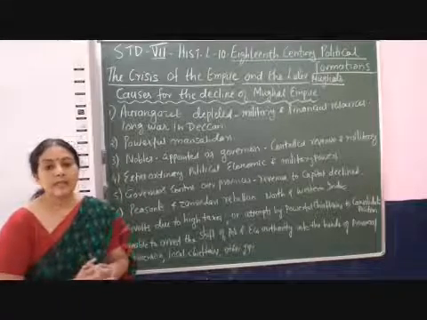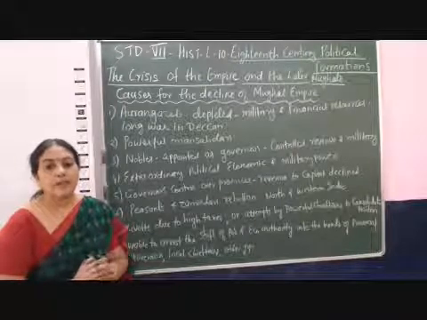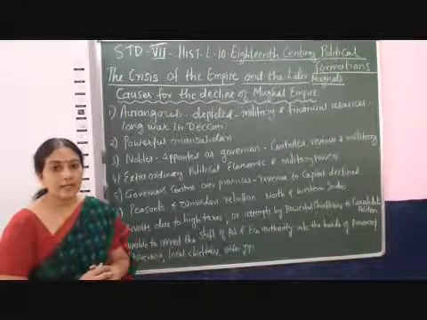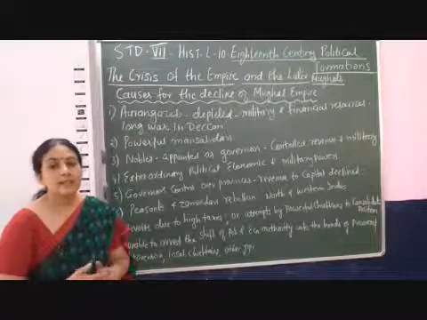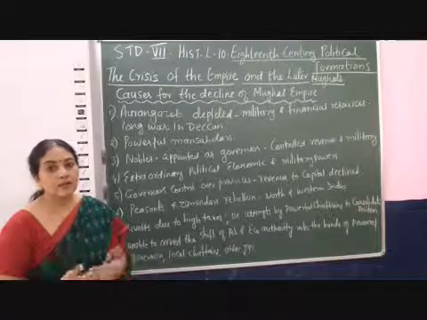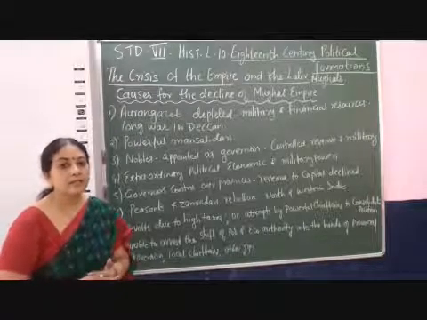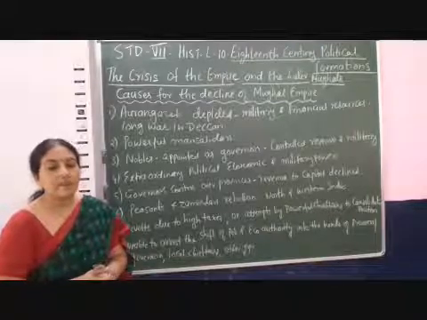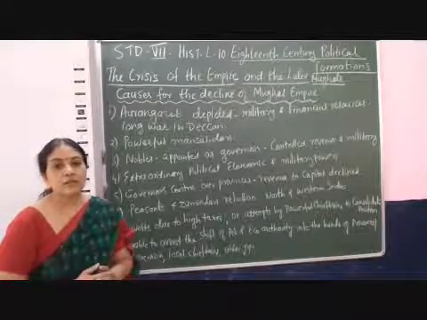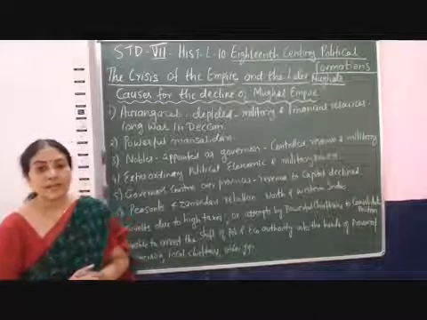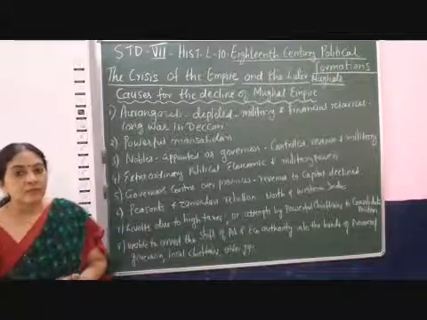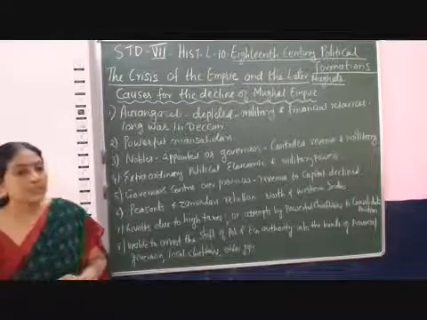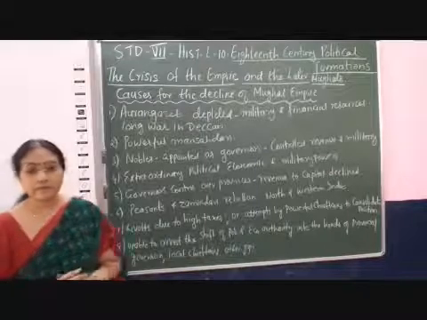So at the end of the 18th century, the Mughal Empire slowly started declining, and other rulers started gaining power. So let us first see what was the cause for the decline of the Mughal Empire. Let us study the causes for the decline of the Mughal Empire.